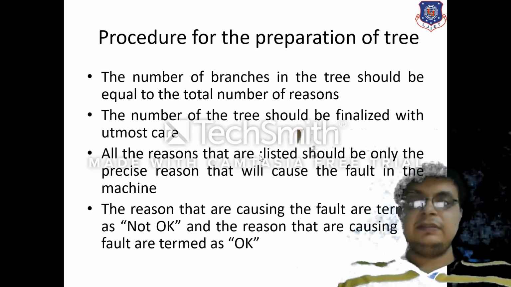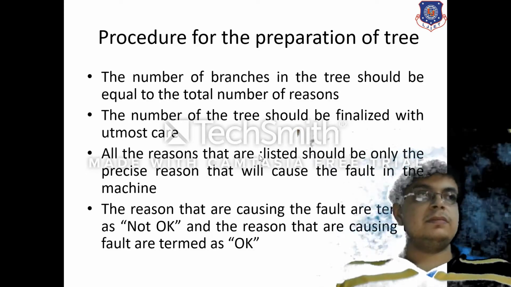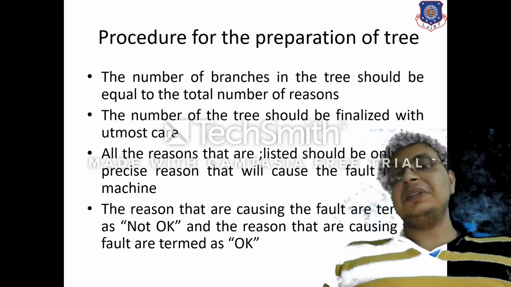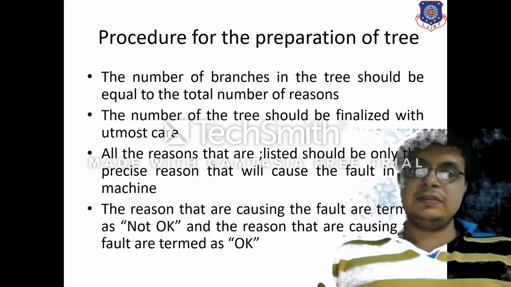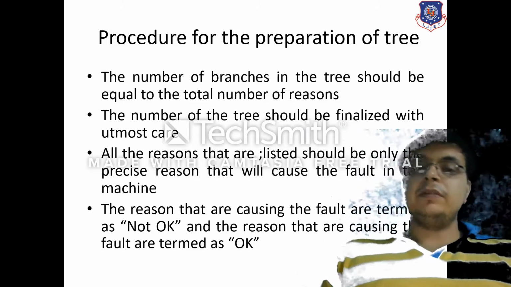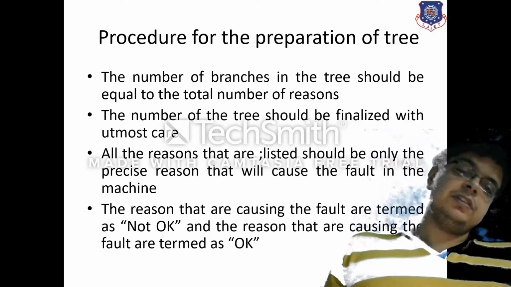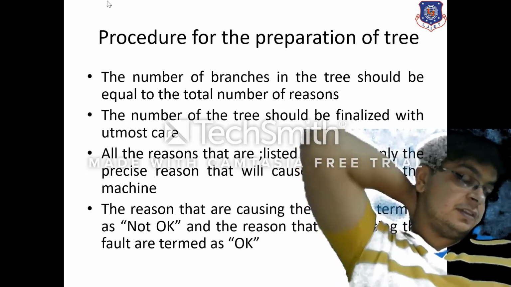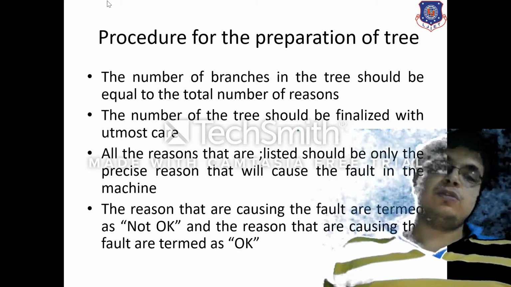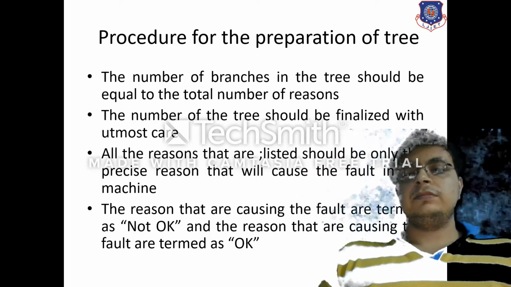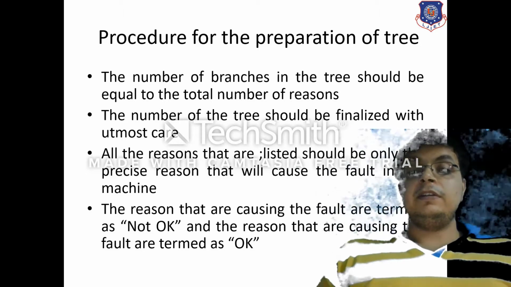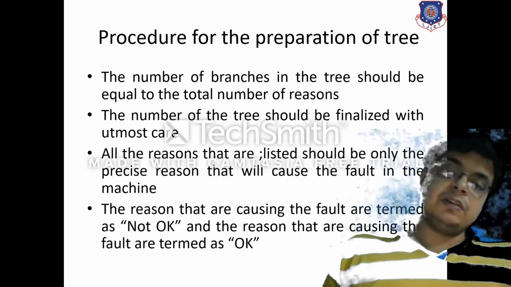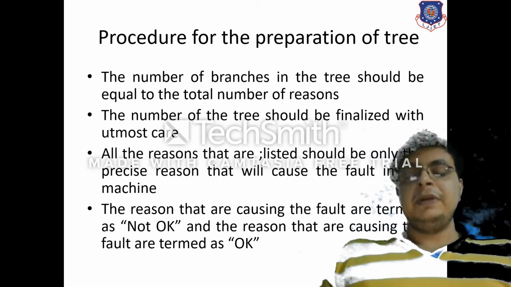Then next is the number of branches in the tree should be equal to the total number of the reasons, and the numbering of the branches should be done with the utmost care, because it is a very precise thing, so maximum care should be taken, and all the reasons should be listed as the precise reasons that will cause the fault in the machine.